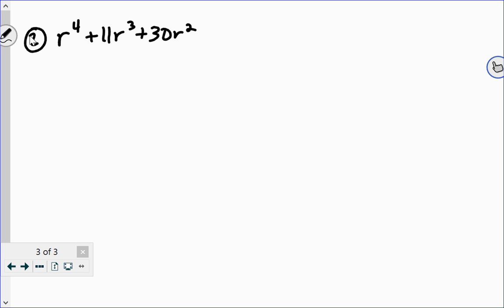So I need to pull out r squared from all of these terms and write what's left. So I think to myself, r squared times what is going to leave me r to the 4th. That would be r squared, plus r squared times what gives me 11r cubed. So that would be 11r, plus r squared times what, and that would be 30. And so that's a way that you can think about when you factor something out.